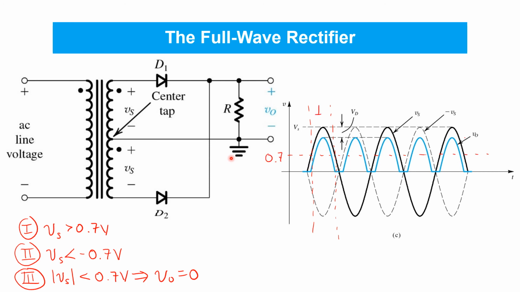So that was our case 1. It arises in this positive half cycle, and then again over here, one more time over here in this plot. So in these time windows, remember that the output voltage follows Vs shifted down by 0.7.